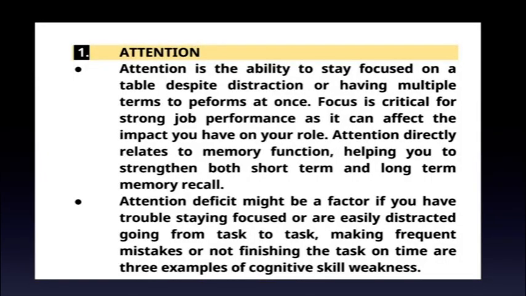on your answer book. Attention deficit may be a factor if you have trouble staying focused or easily distracted, going from task to task. Making frequent mistakes or not finishing the task on time are three examples of cognitive skill weakness.